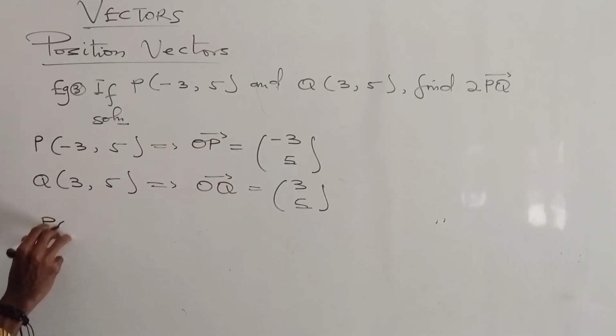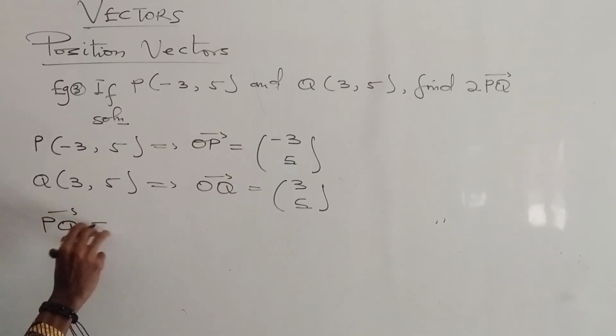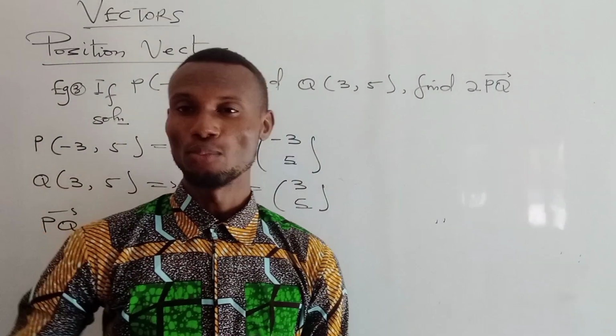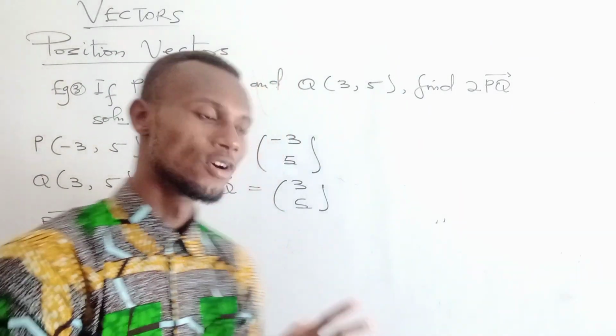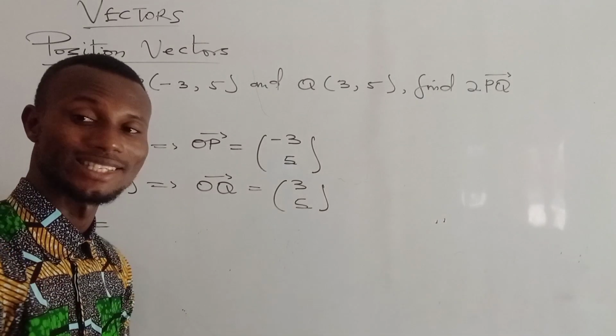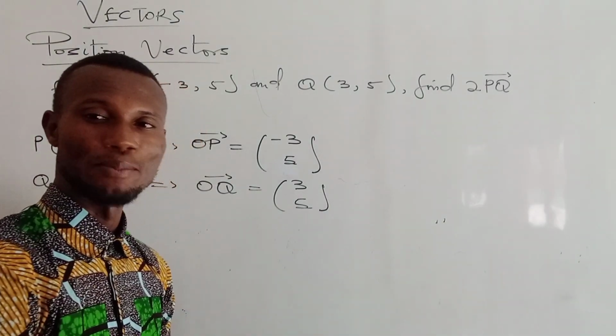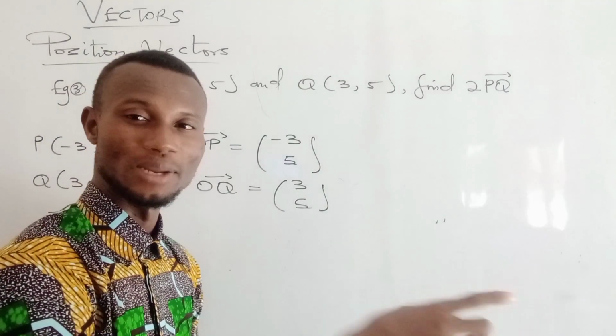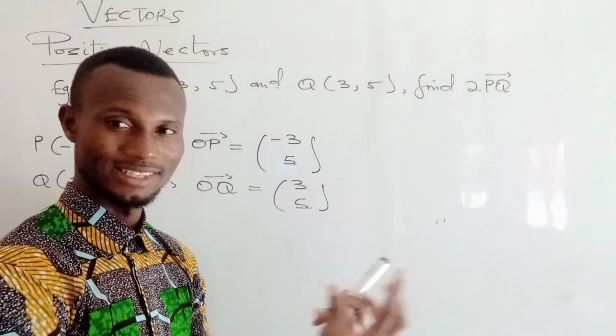If I want to find vector PQ, we are going to apply the knowledge that we've had on position vectors. For me to get the vector PQ, I've explained to you that it's always the position vector of the last letter minus the position vector of the first letter.